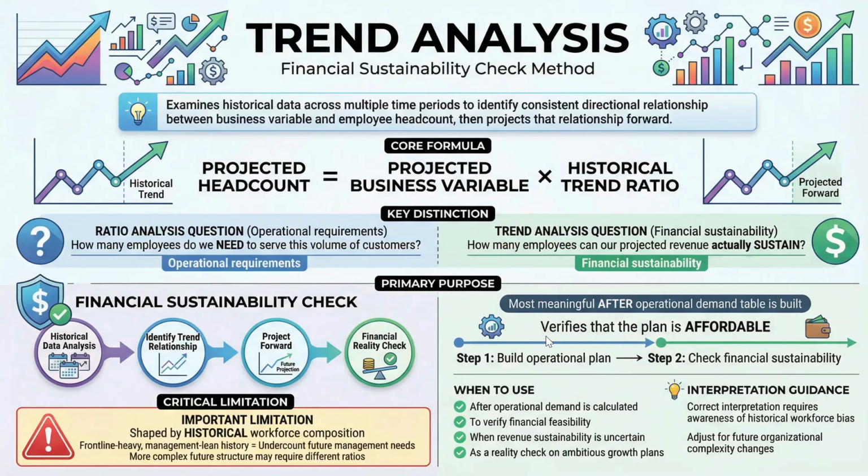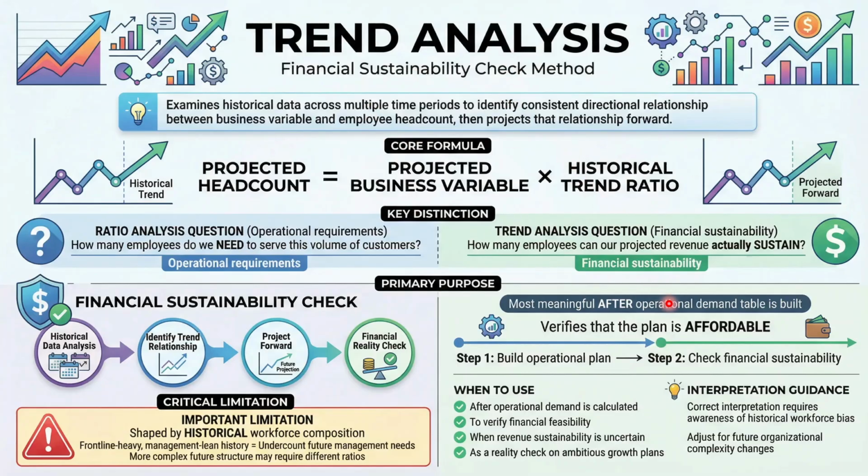Ang trend analysis asks the question, how many employees can our projected revenue actually sustain? So, it's more of a financial sustainability question. Yung ratio analysis is about operational capacity, physically staffing the branch. Trend analysis is about financial reality. Can the business afford the payroll?